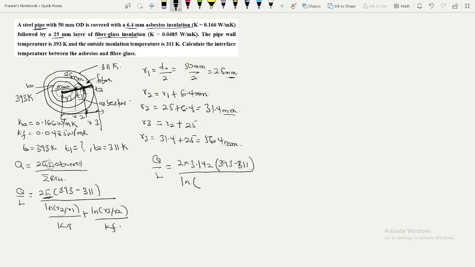So ln R2 is 31.4 over R1 is 25, so the millimeters cancel out, all over our Ka, 0.166, plus ln R3, which is 56.4 over R2, which is 31.4, all over Kf, 0.0485.